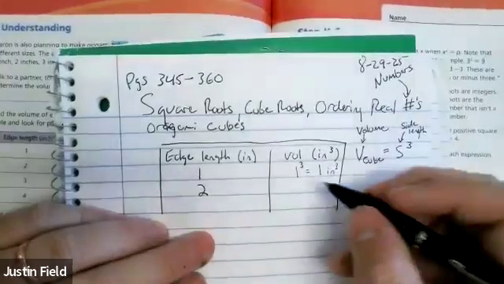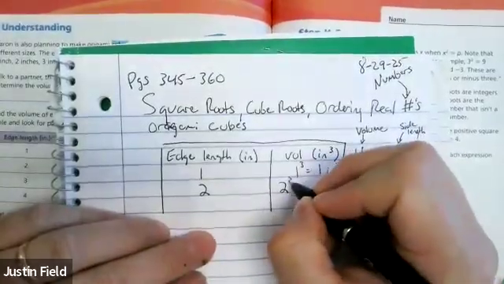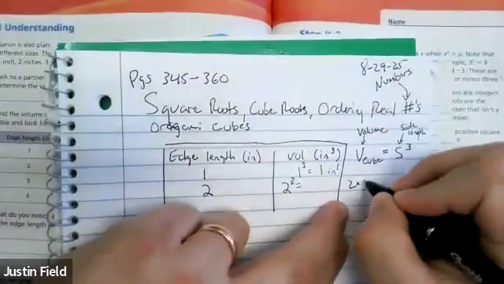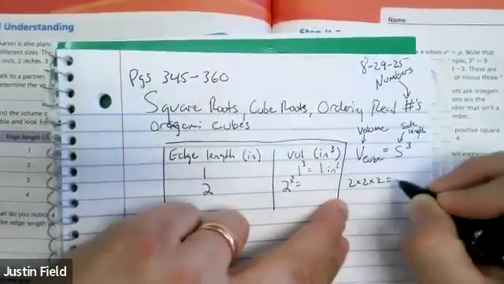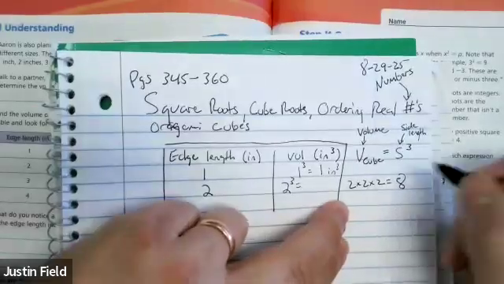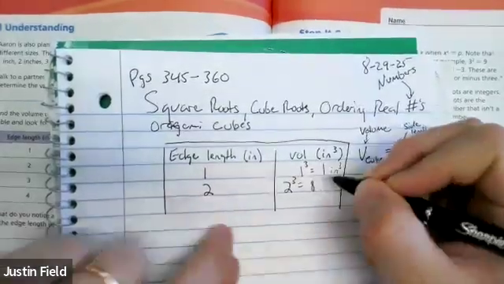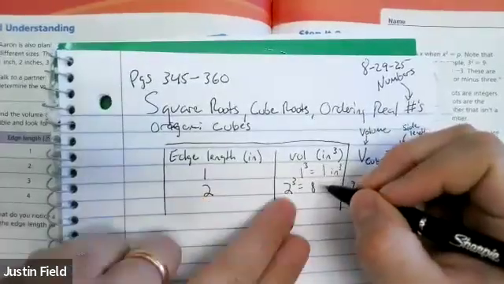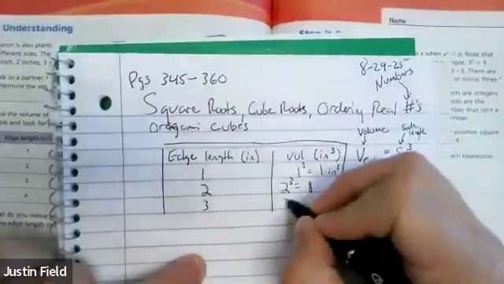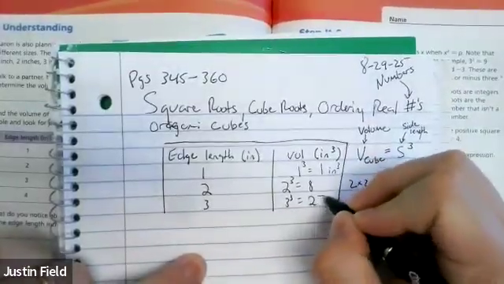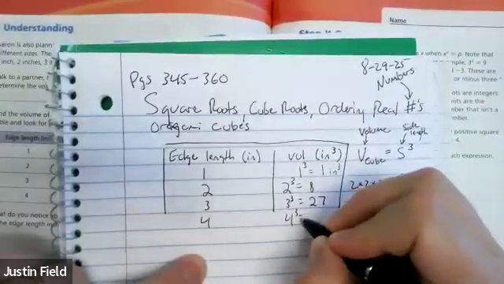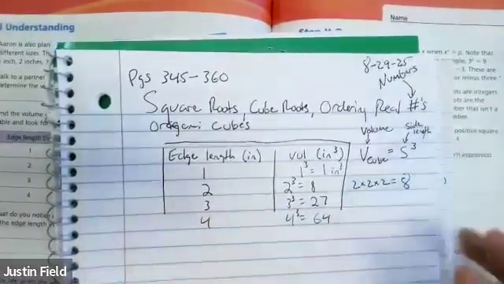If the edge length is 2, the volume would be 2 to the third power, which is 2 times 2 times 2, which is not 6. That's 2 plus 2 plus 2. It's 8. So when the edge length is 2, the volume is 8. 3 cubed is 27. And 4 cubed is 64.